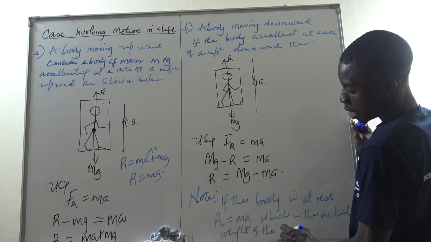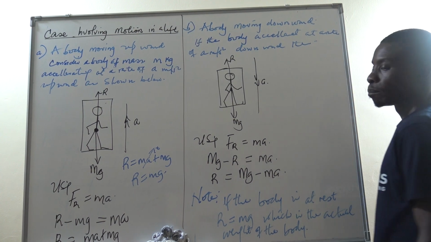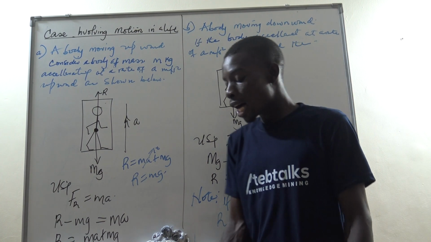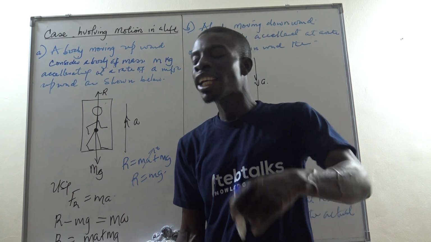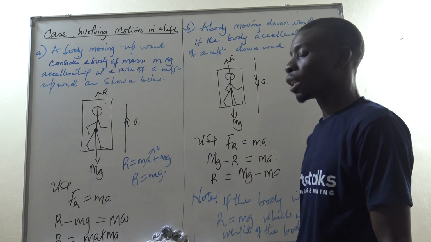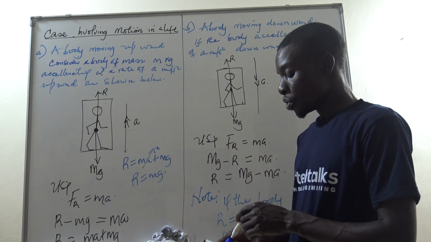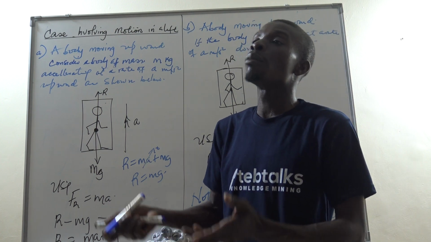If the body is at rest, and then you go and stand on the weighing scale, the weight you read is your real weight, which is the normal reaction at that time, which will be mg. But should you weigh yourself when you're moving upward?